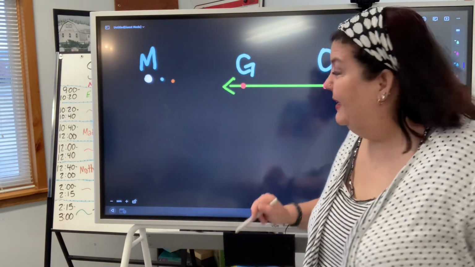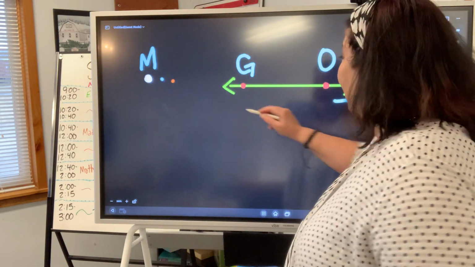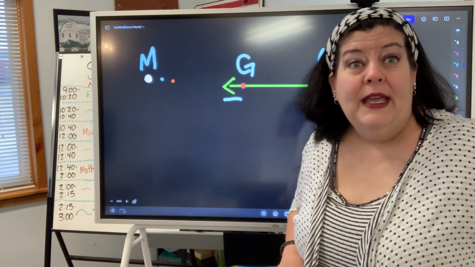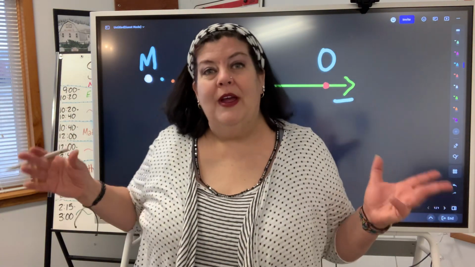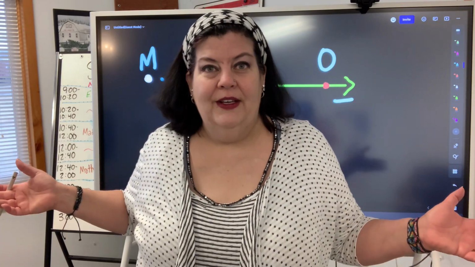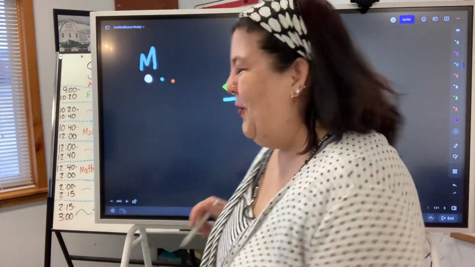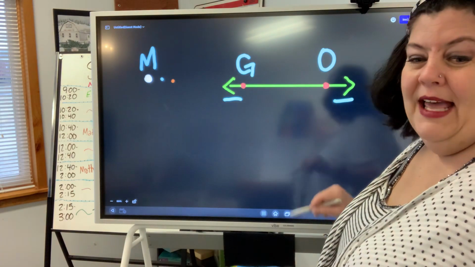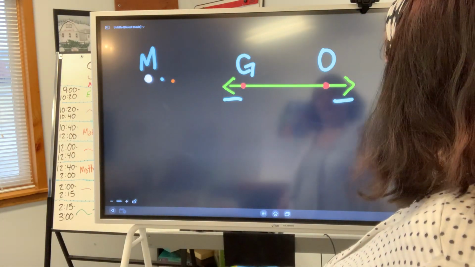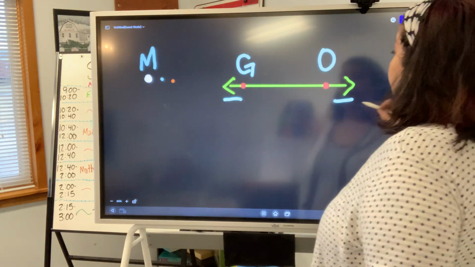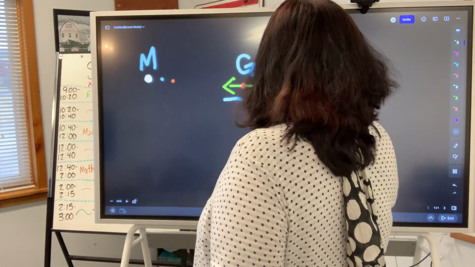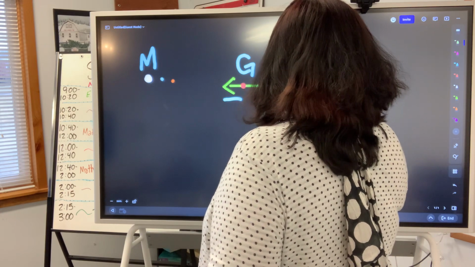But more importantly, these little arrowheads right here, they mean that this line goes in both directions forever and ever and ever. It's like a ray of light. So that is how this line works. And it's actually called, believe it or not, a line.